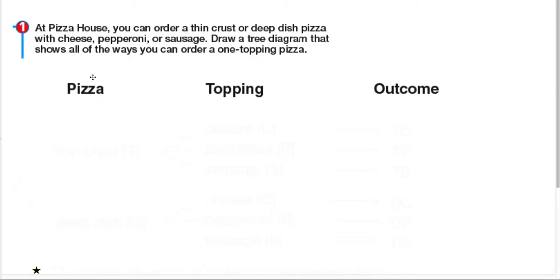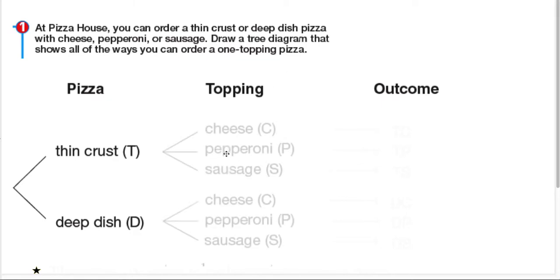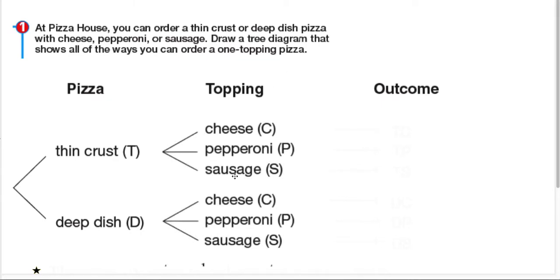Example number 1: at a pizza house, you can order a thin crust or a deep dish pizza with cheese, pepperoni, or sausage. Draw a tree diagram that shows all the ways you can order a 1-topping pizza. Let's look at the pizza that's available: thin crust and deep dish. The toppings are cheese, pepperoni, and sausage.